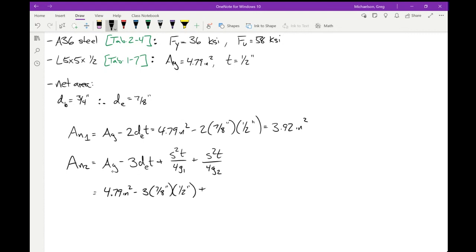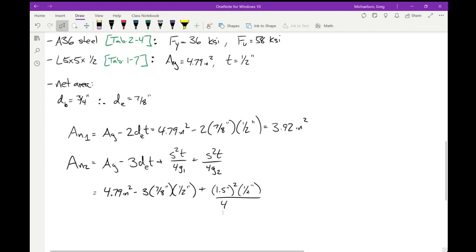and then okay, so now let's see if we can reason through this. What's our S value again? I think it was Mr. Enoch that pointed that out. What was our S value? 1 1/2 inches. Okay, and that's squared times a 1/2 inch over 4.